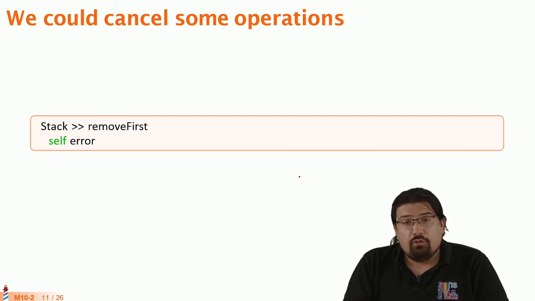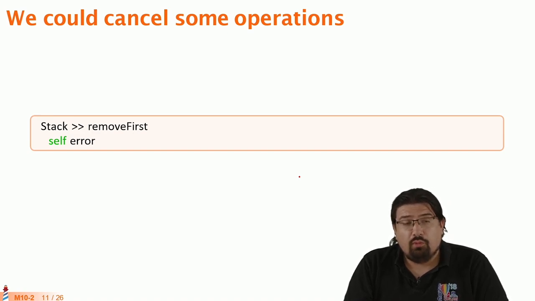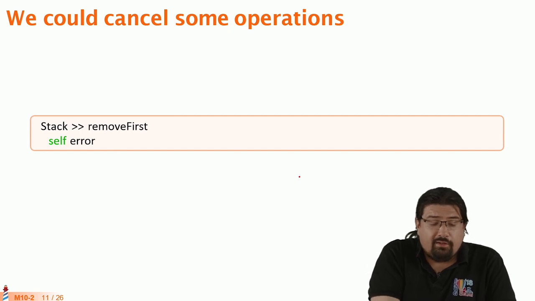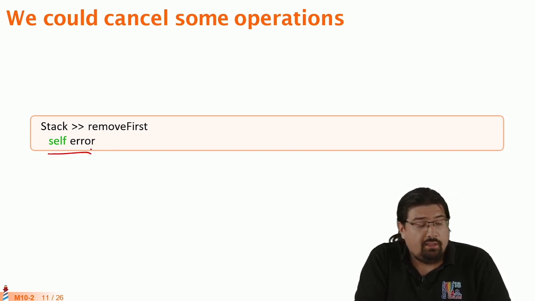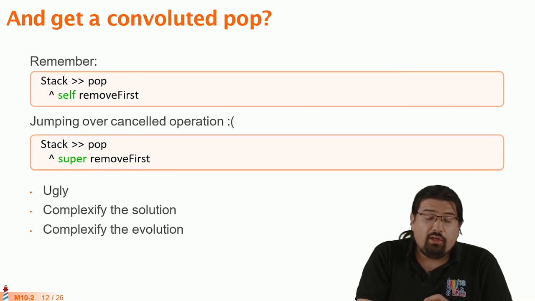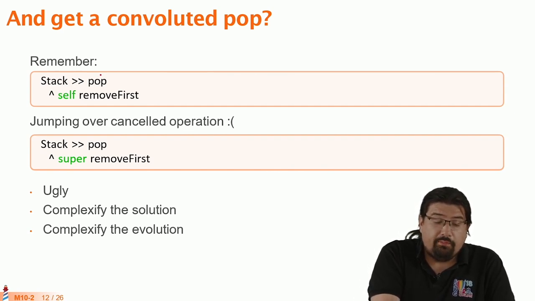One easy solution that we can think of is to cancel all the operations that we don't want to expose. In this case, for example, we take remove first and raise an error when this message is sent to the stack. But this can get really complicated because we were using remove first in our pop implementation.